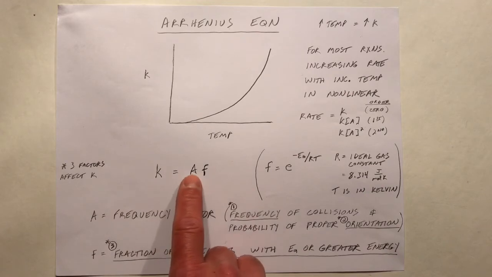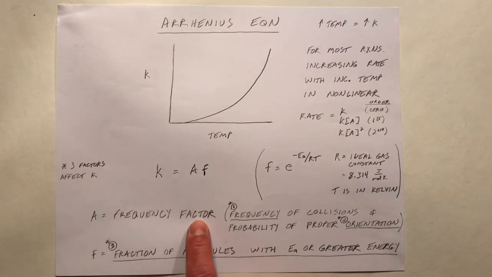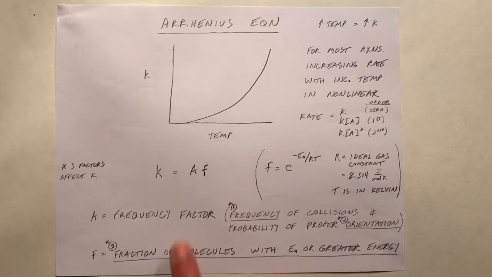A is the frequency factor, and there are two components to that frequency factor. One is the frequency of collisions, and two is the probability of proper orientation.